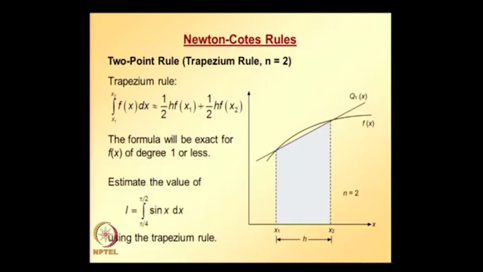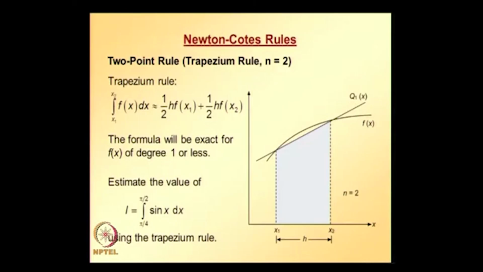So basically what we require is we need to find what is the distance between upper limit and lower limit. So pi over 2 minus pi over 4 is pi over 4, that is going to be h. So once we have h, we need to evaluate function, that is sin x at pi over 4 and sin x at pi over 2 multiplied with corresponding weights, which is going to be h divided by 2.